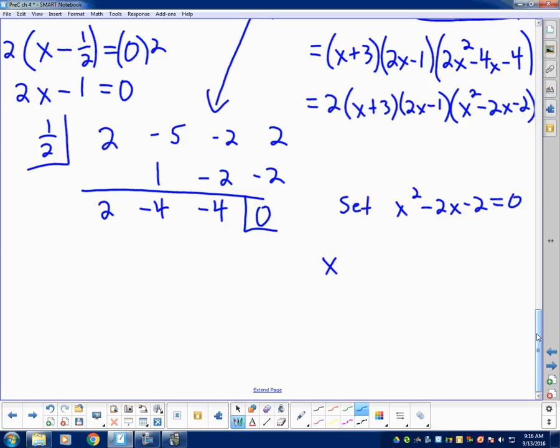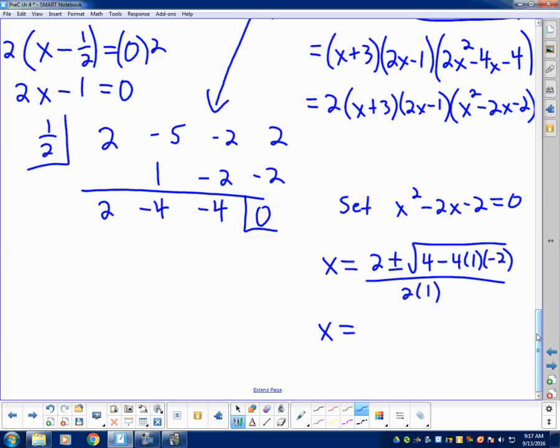So we have x equals, opposite of b is 2 plus or minus square root of b squared, which is 4, minus 4 times a is 1, c is negative 2, all over 2 times 1. The advantage to completing the square on this is that you don't have to simplify the radical.